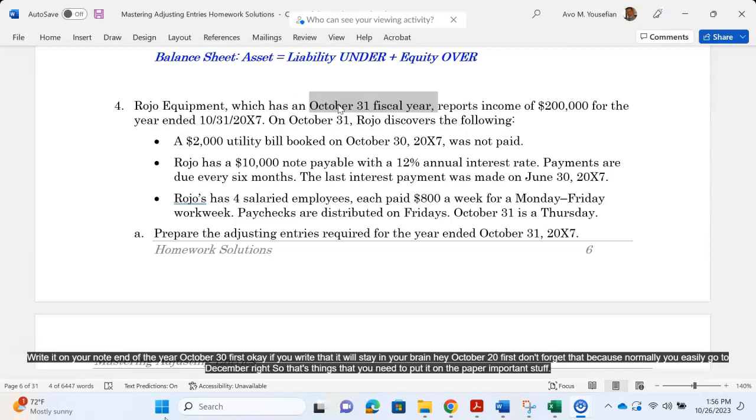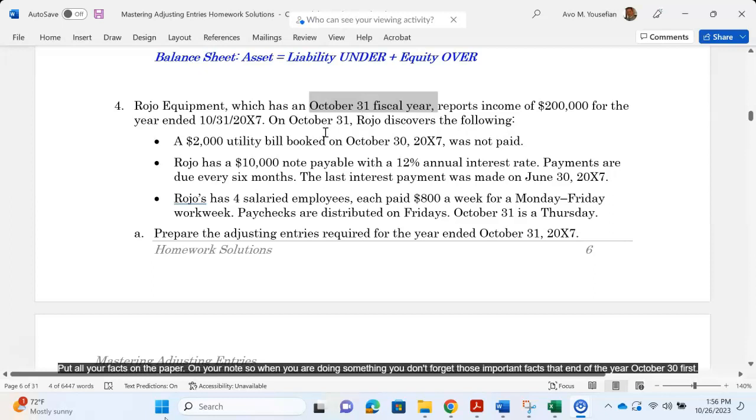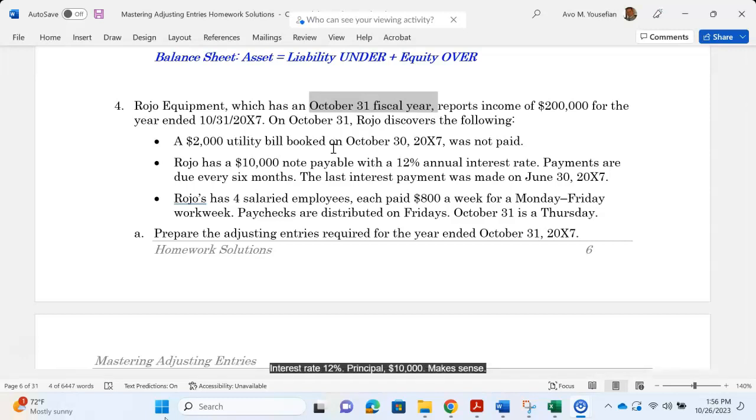Because normally you easily go to December, right? So that's the kind of thing you need to put on the paper. Put all your facts on your note, so when you are doing something, you don't forget those important facts. Like end of the year, October 31st. Interest rate, 12%. Principal, $10,000. Make sense? All those things are important, so write them down.